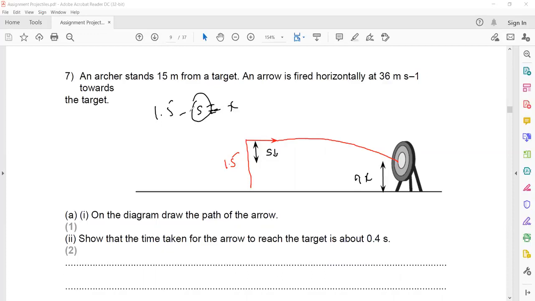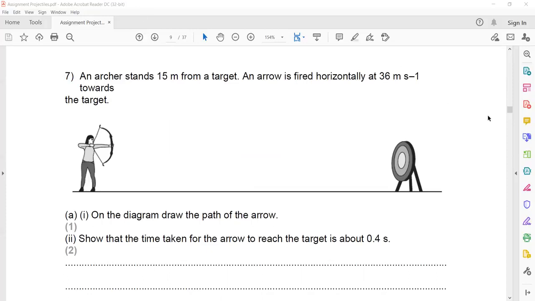So if the value of s is decreasing, the value of x will increase. Is it clear, this part? If the archer is standing closer, the vertical distance which the arrow will fall will decrease, so the height of the arrow above the ground will increase. The point where it hits the target will be higher as compared to the previous one.